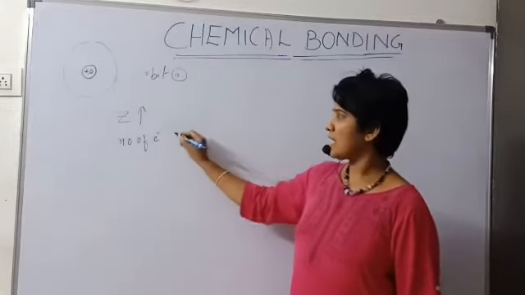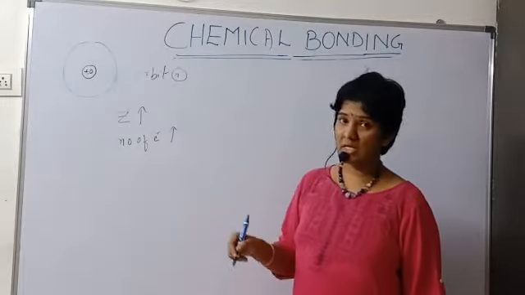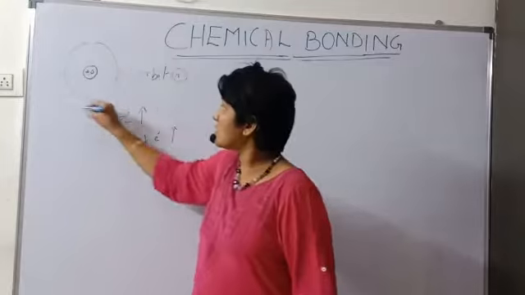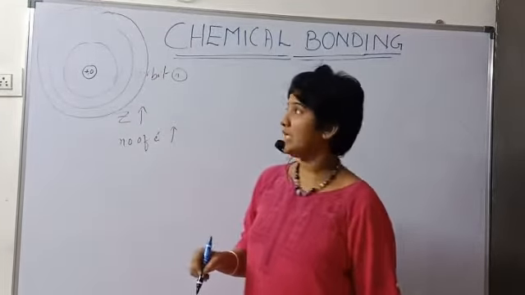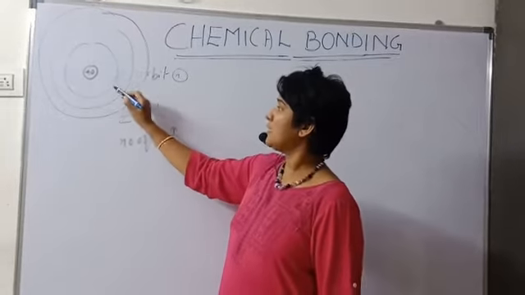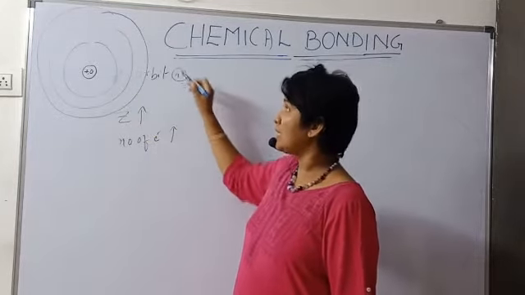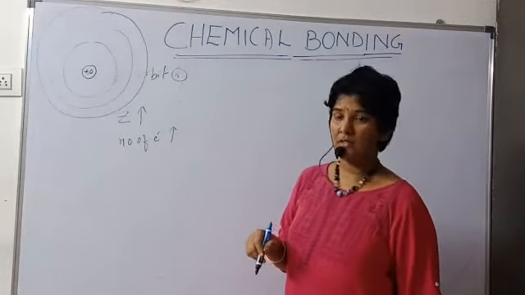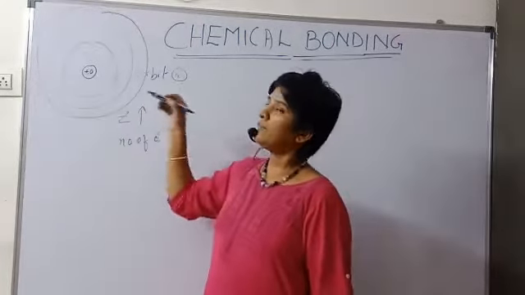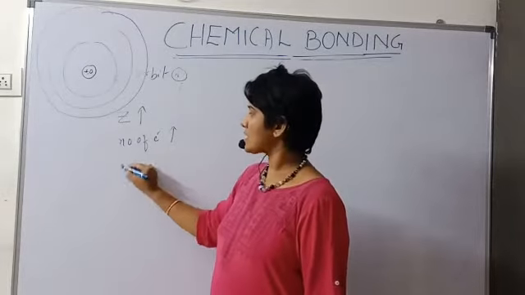So what happens, as the number of electrons increases, the number of shells also increases. Out of 1, 2, 3, 4, like that, up to infinite orbits. So every element will have its last electron.